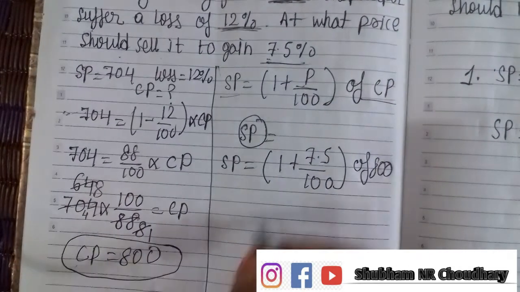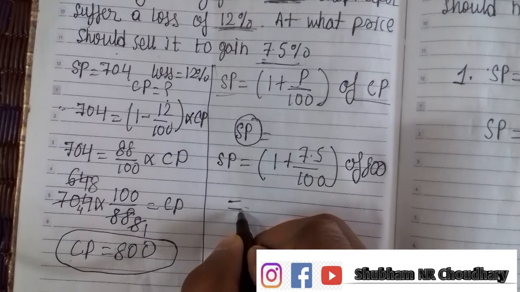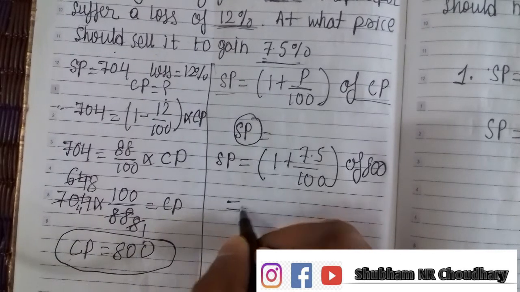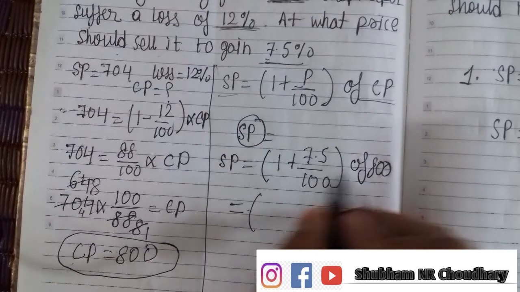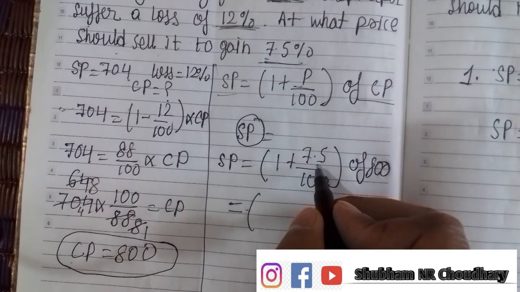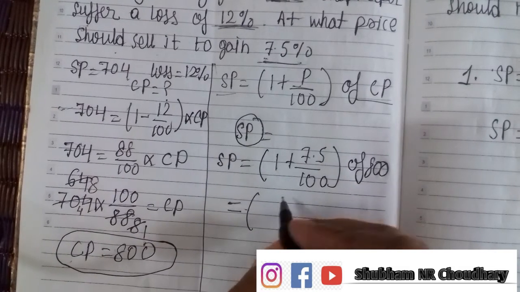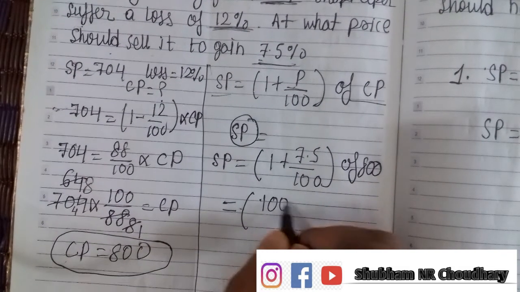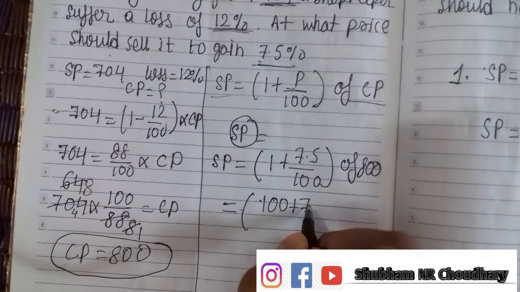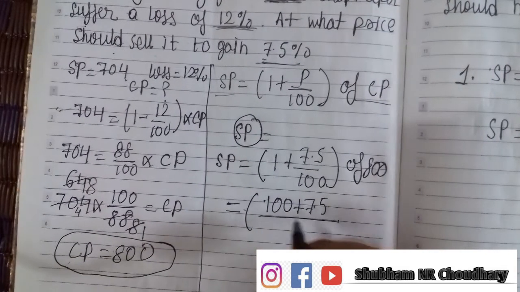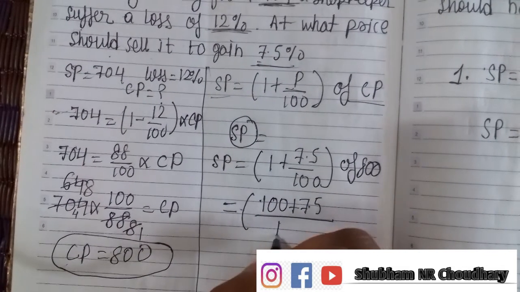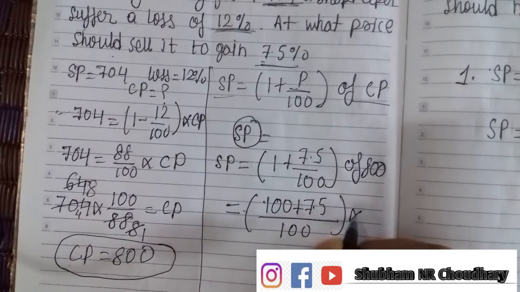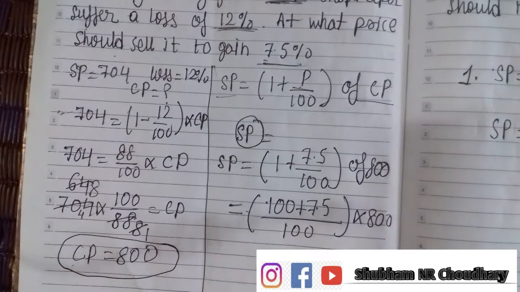Okay, equals 100 plus 7.5 whole divided by 100, into 800.